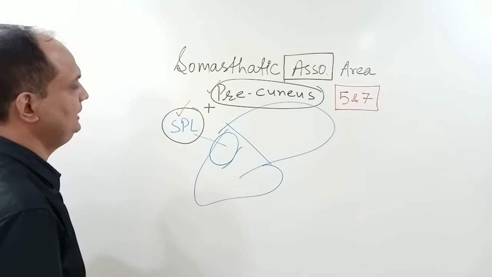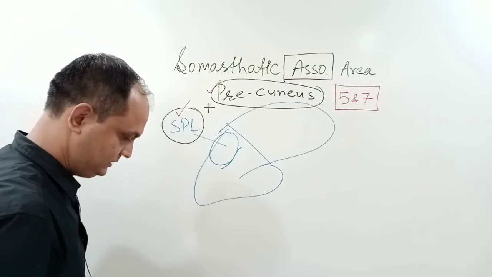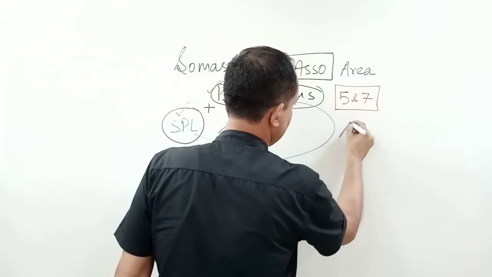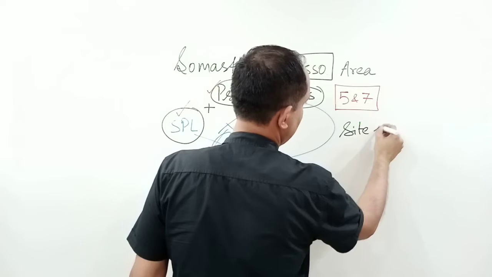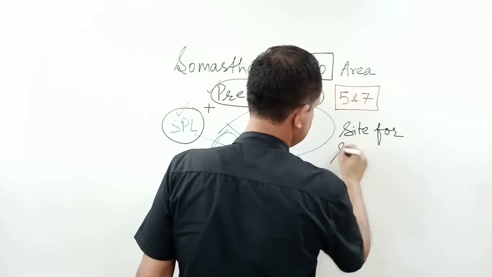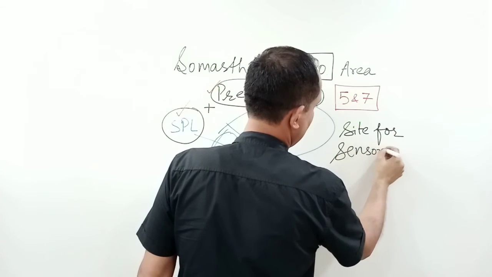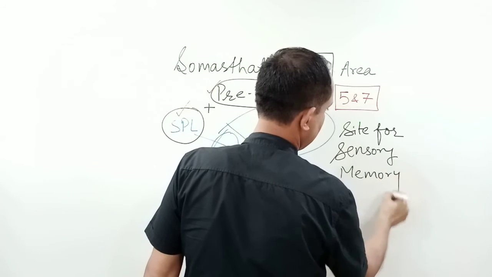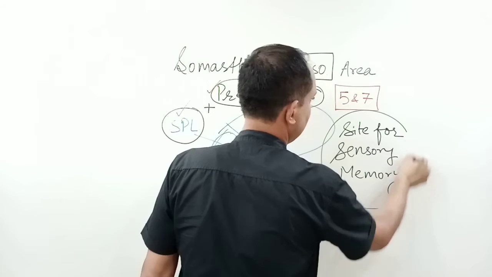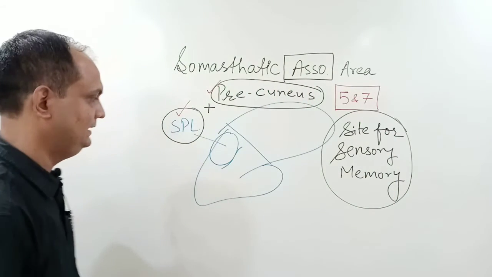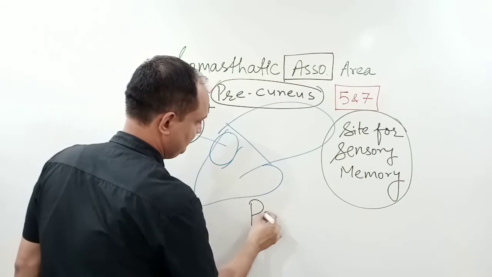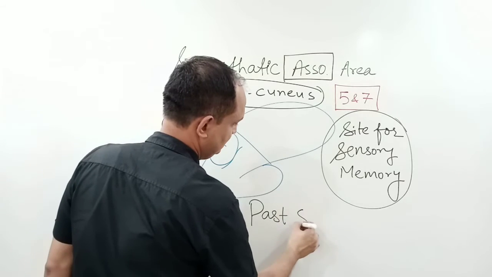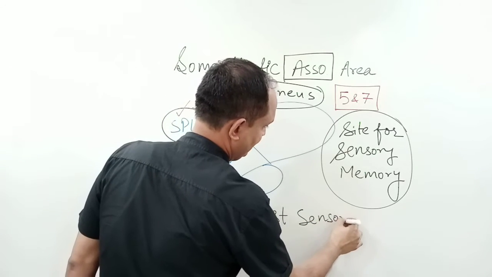Now what is the function of the somesthetic association area? This area is known as the site for sensory memory. What is the meaning? This area actually stores your past sensory experiences.